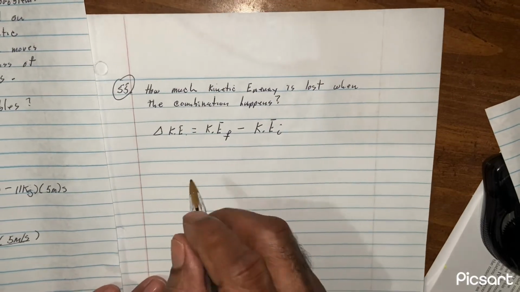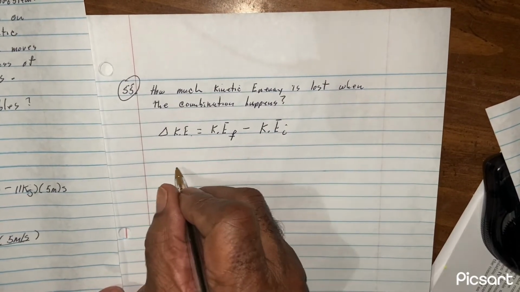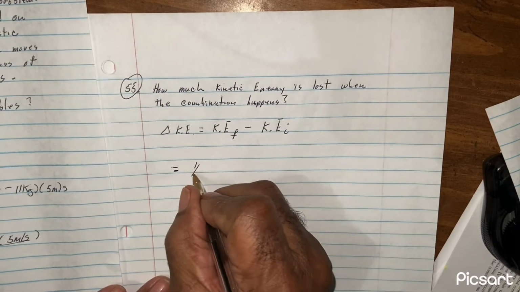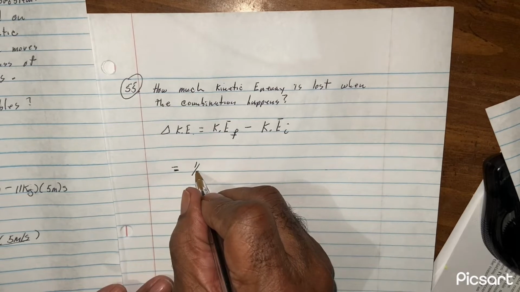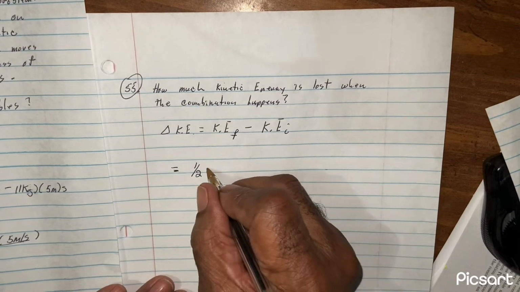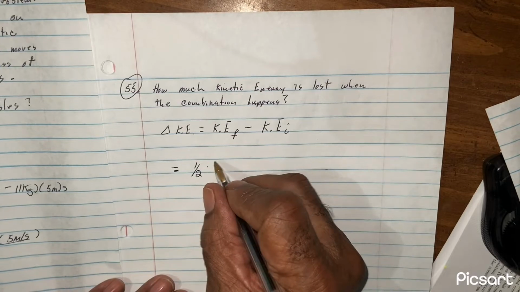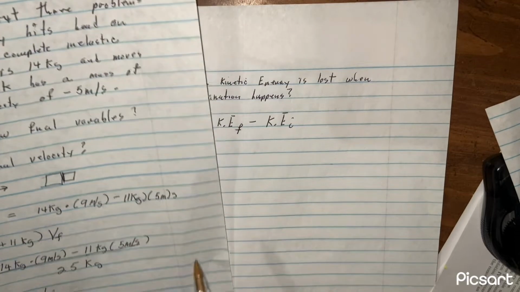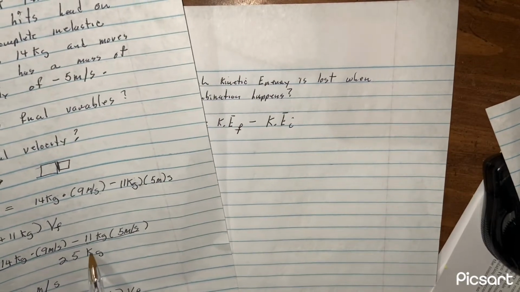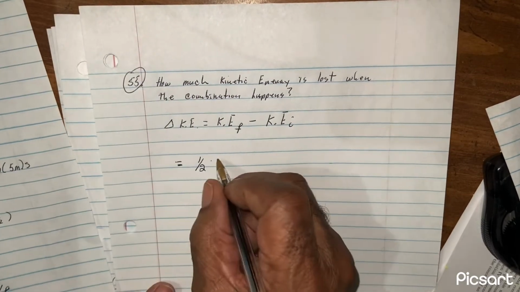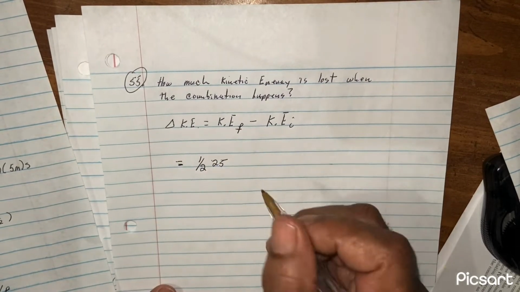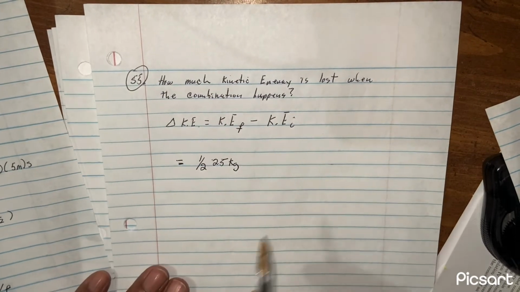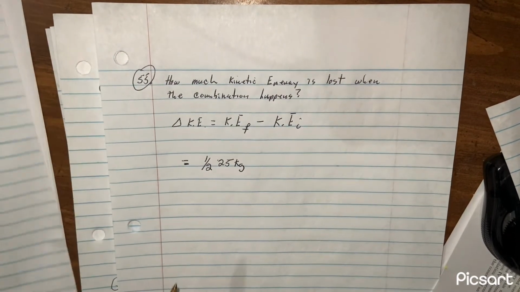So the kinetic energy final, we're going to say 1/2 the mass final, we're just going to add, would be the complete lump, which was 25 kilograms, times the velocity final.